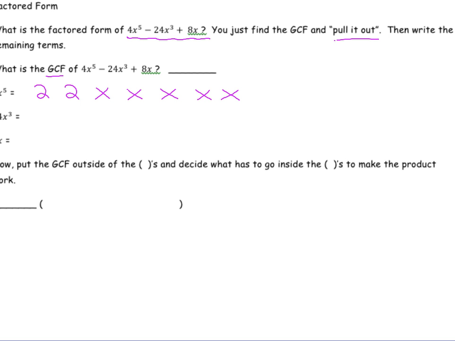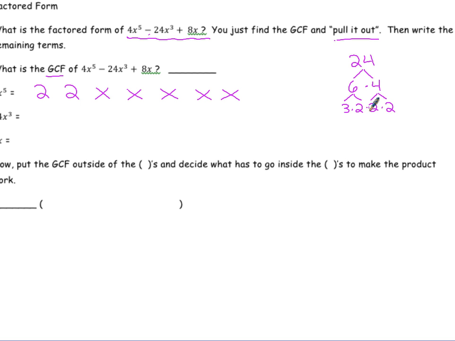For the 24x to the 3rd, oh, my bad. That should be a negative right there. See? Negative. So we're going to go, all right, let's do some thinking. For the factors of 24, I'm going to do it off to the side here. I could say 6 times 4, that can get chopped down to 2 times 2. That can get chopped down to 3 times 2.